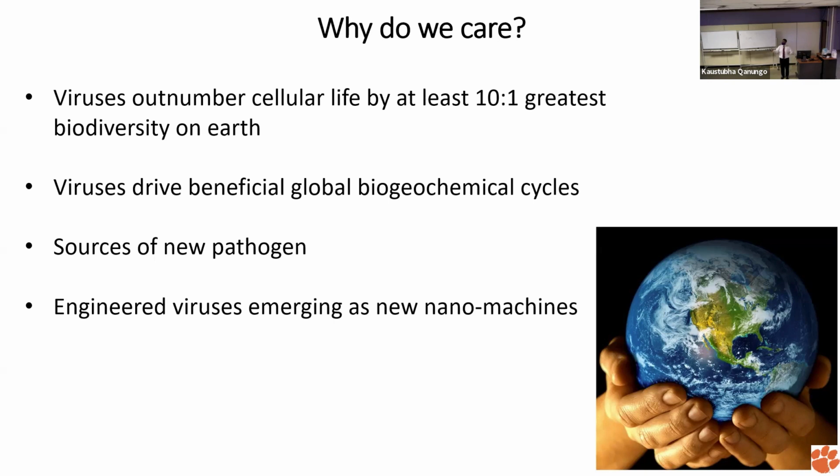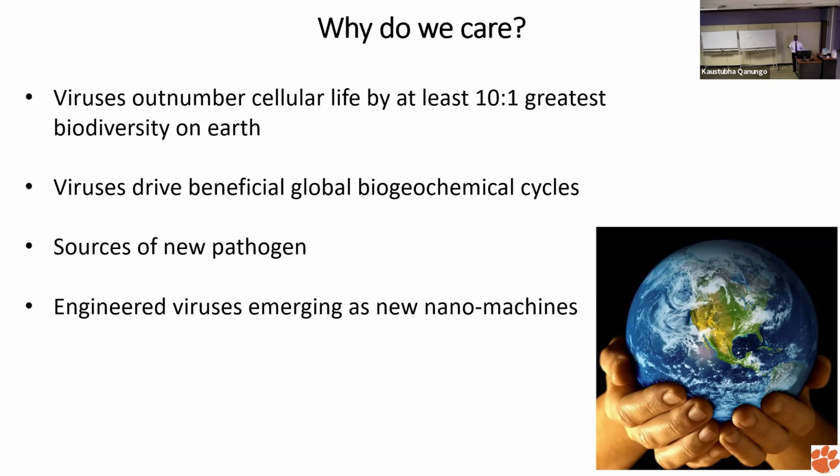Basically, the phages infect all these different bacteria and microbial life in the ocean and lyse the cells. Those bacteria sink to the bottom of the ocean and recycle the nutrients. That drives the biogeochemical cycle, which is beneficial for the earth. And of course, this is not good news, but viruses are a source of new pathogens, and that's a concern.